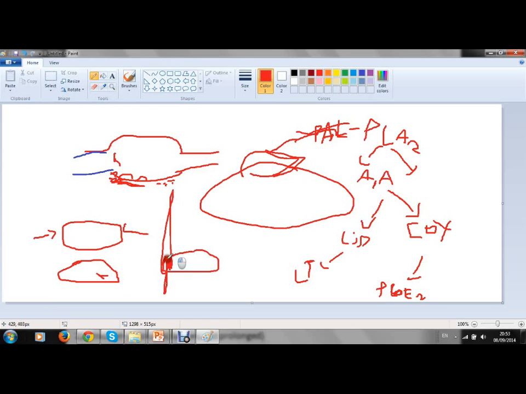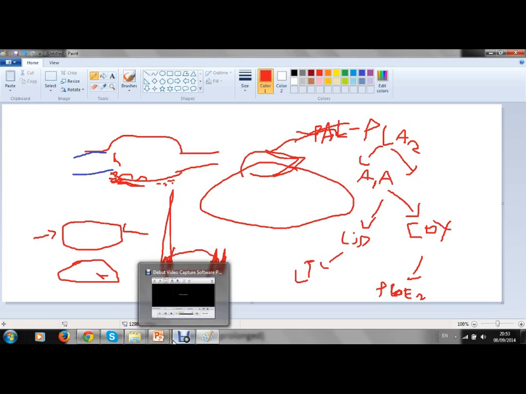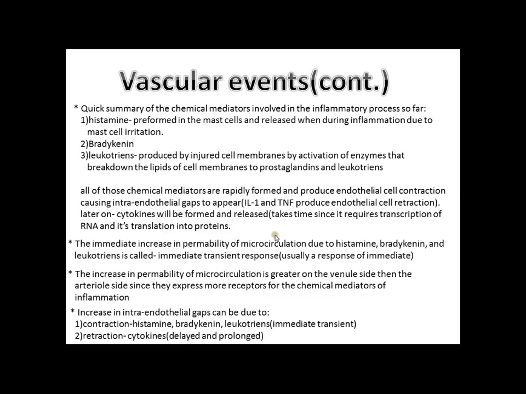It retracts the ends of the endothelial cells. So this is just types of forming intraendothelial gaps. It's not a big deal. You don't have to understand it fully, but this is just two ways of forming the intraendothelial gaps. Again, retraction is done by cytokines, and this is a delayed and prolonged response, and the contraction is histamine, bradykinin, and leukotrienes, and it's an immediate response.